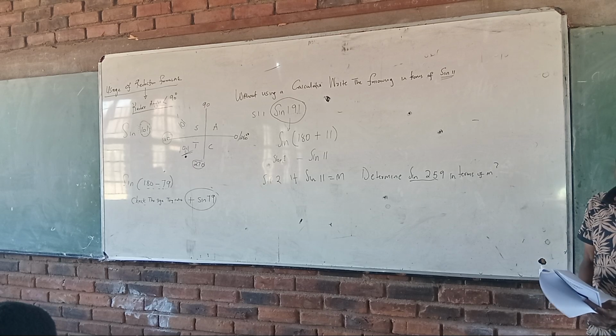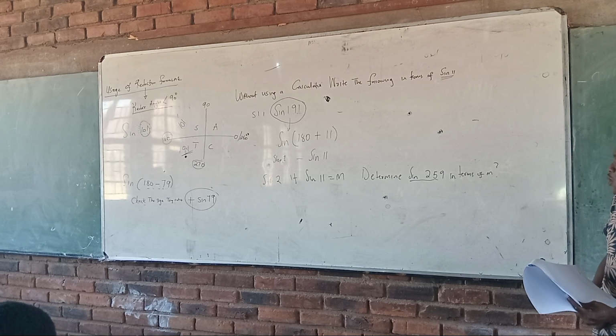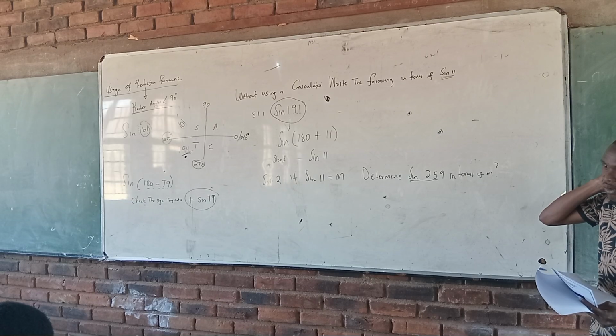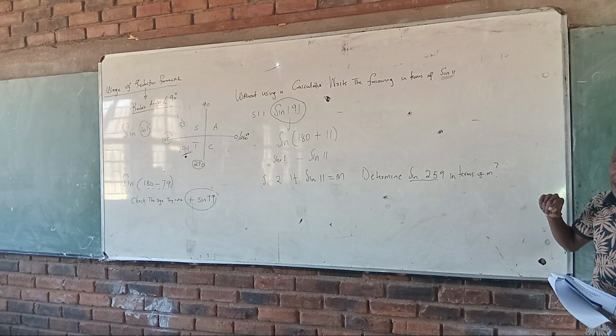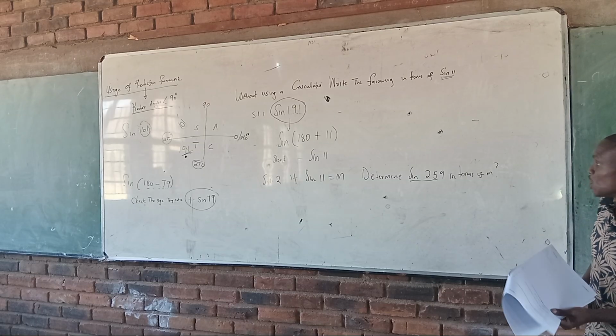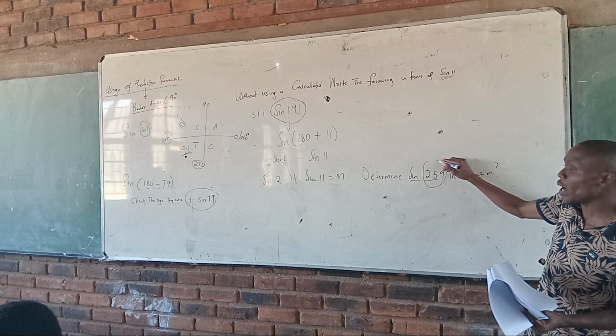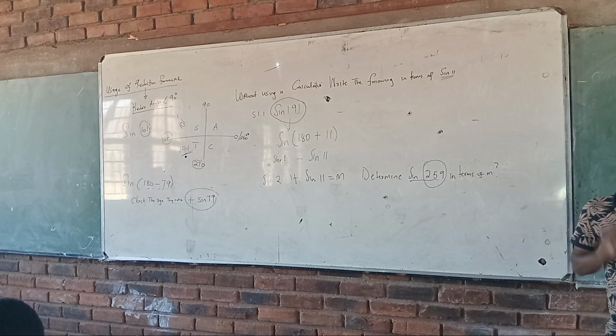Let's do the corrections together. What must we do? 270 minus 11. Good. The first thing that I will do, I will say, in which quadrant is 259?